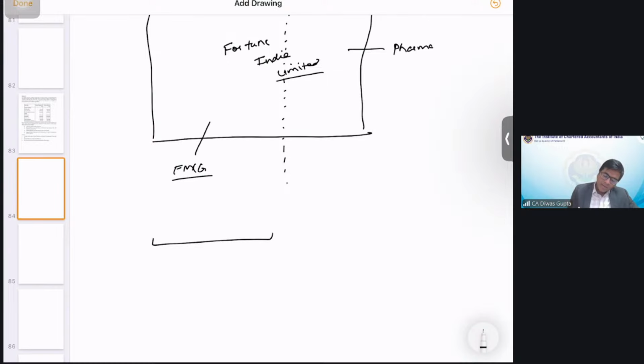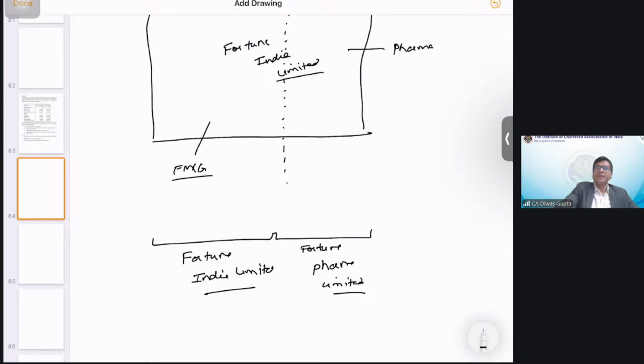And the company which is existing, which is Fortune India Limited. And there is a new company that got formed for this, which is called the Fortune Pharma Limited, right?